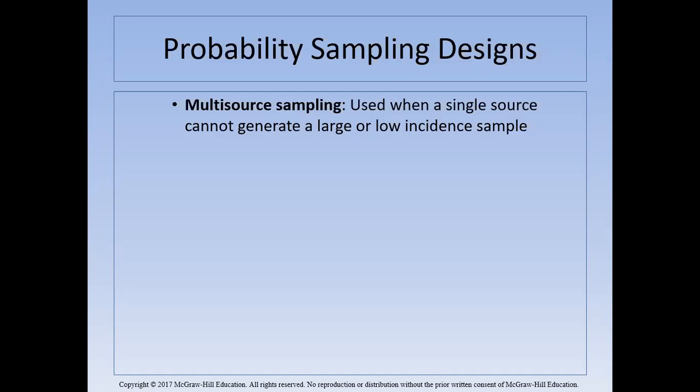You say, I will do this group according to ethnic background, and the same group I will do according to their age background, and the same group by female and male. That's multi-source sampling.